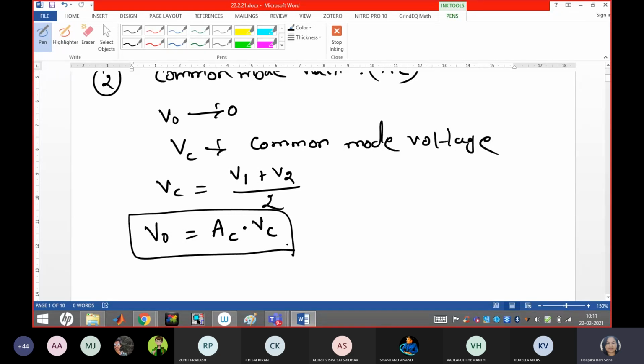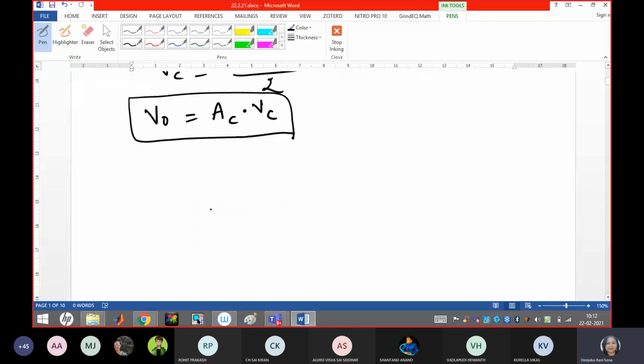So altogether, if both signals exist on the differential amplifier or operational amplifier, the total output of any differential amplifier can be represented as V0 equals AD VD plus AC VC.